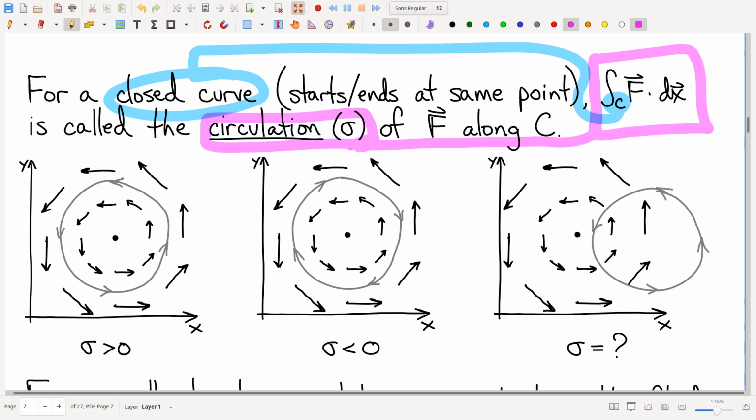We're going to take advantage of this idea of understanding line integrals as representing the extent to which fluid is flowing along the curve. So here we go. Here's an actual scenario. Let's look at this curve right here. Counterclockwise circle, notice. That is a closed curve. Starts and ends at the same point, right?